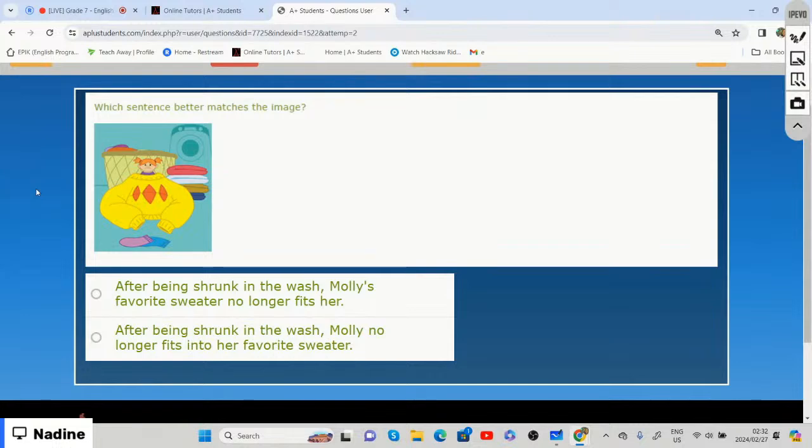Or after being shrunk in the wash, Molly no longer fits into her favorite sweater. We need to say option one or option two. And these are our dangling modifiers.